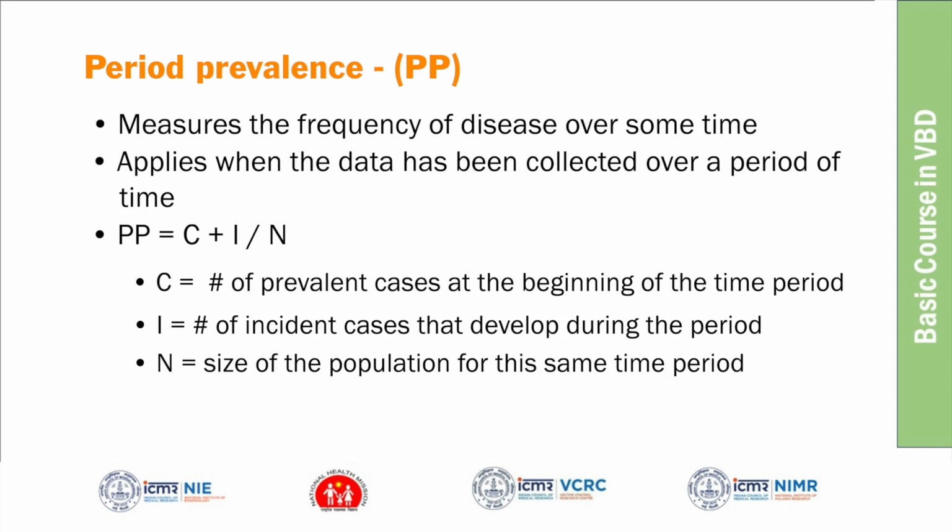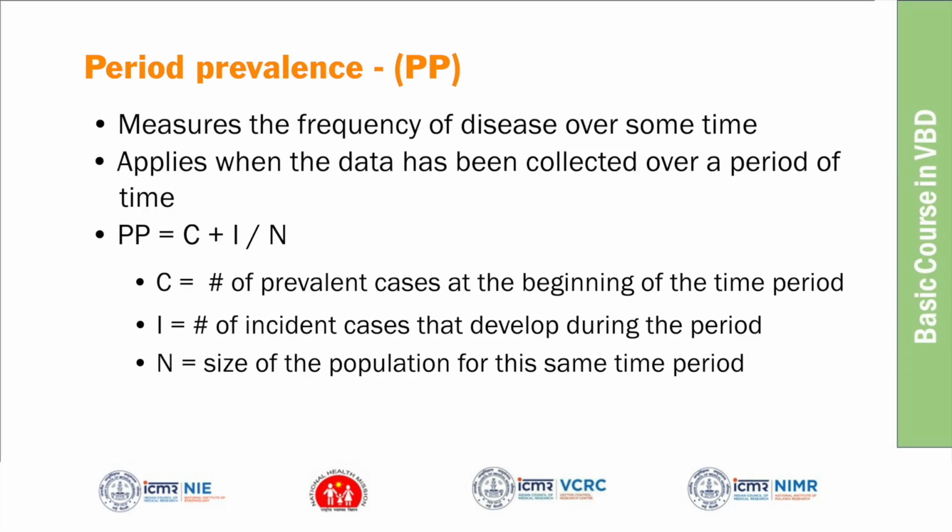What should I do? First, I should do a baseline survey. In the baseline survey, I will pick up the existing cases, which will form my prevalent cases. Then over the course of the next 2 years, how many people newly develop hypertension, which are called incident cases? That will also go in my numerator.